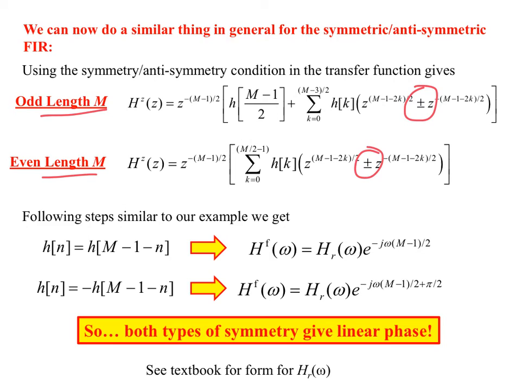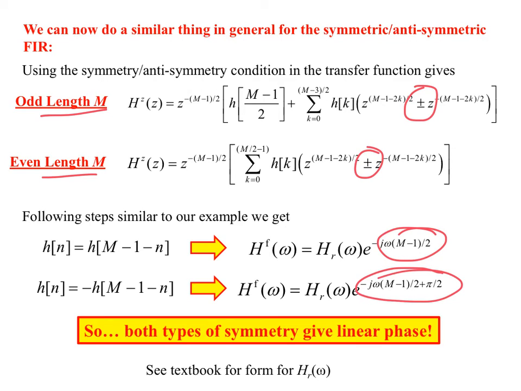So basically what we've just shown is that if we have an FIR filter with one or the other of these kinds of symmetries, we will get a linear phase filter. And so down here we're showing the actual frequency response structure, and we can see the linear phase type.